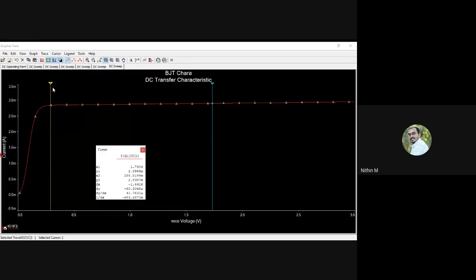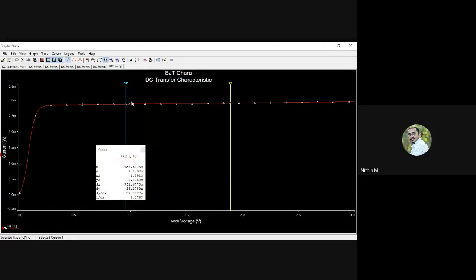Now, the point of interest for us is not that. I want to see whether the resistance is finite, or whether your current is constant at 3 milli or not. So with cursor 1 and cursor 2 kept at two different points, you can directly read dy by dx here, which is the slope of this graph.